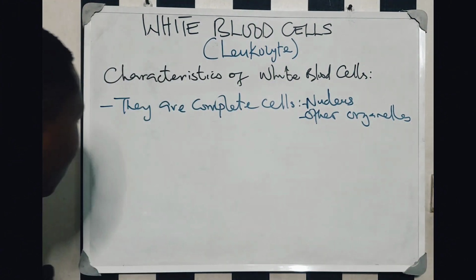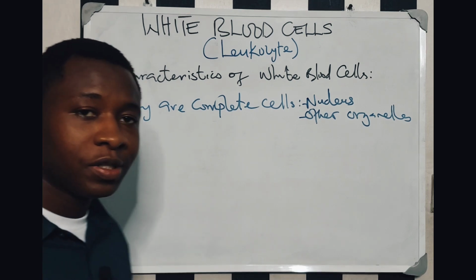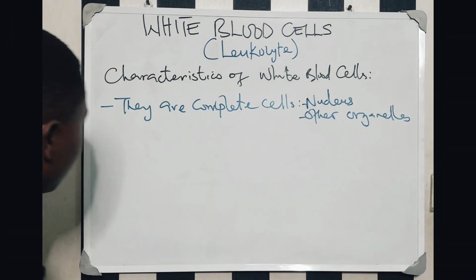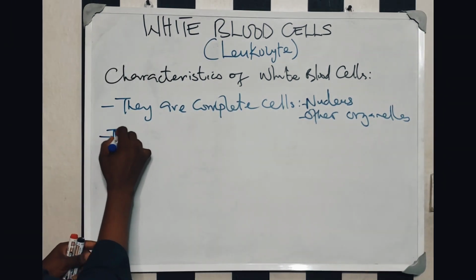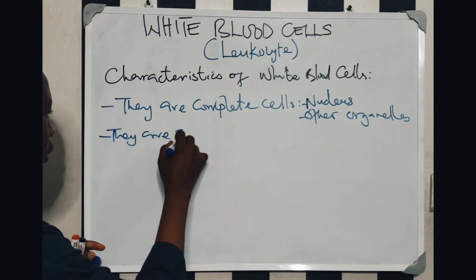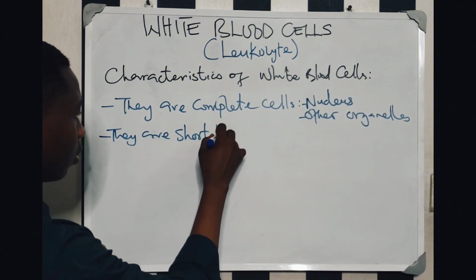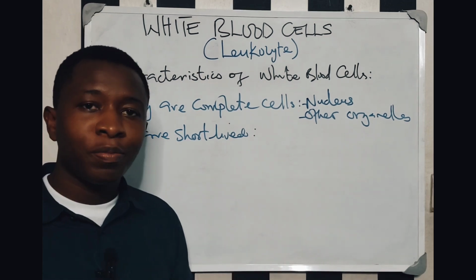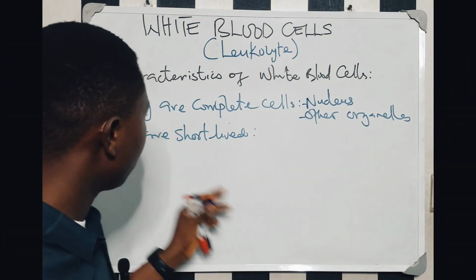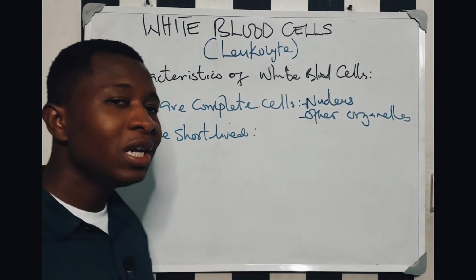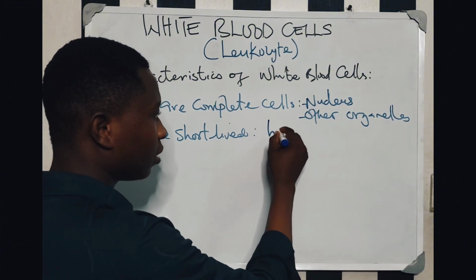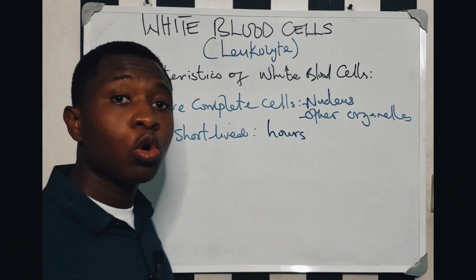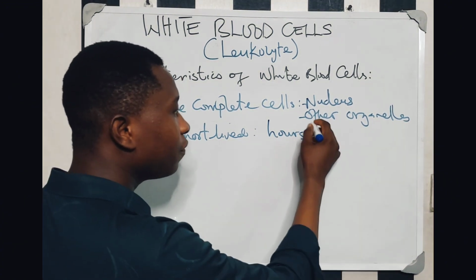Now, another characteristic of the white blood cell is that they are short-lived. Unlike the red blood cell, the white blood cell only lives for hours, maybe 1 or 2 hours, and even minutes.